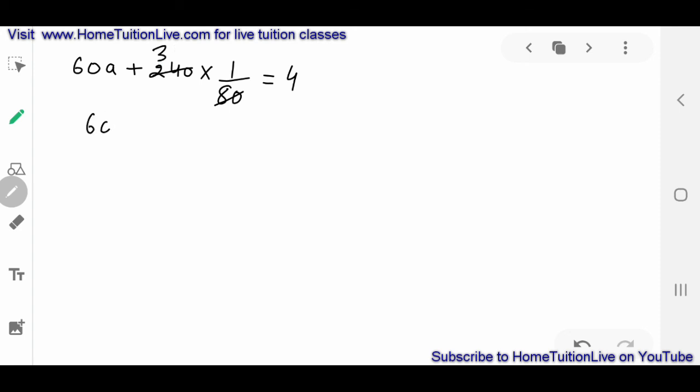That is 60a is equal to 1. a is equal to 1 upon 60.